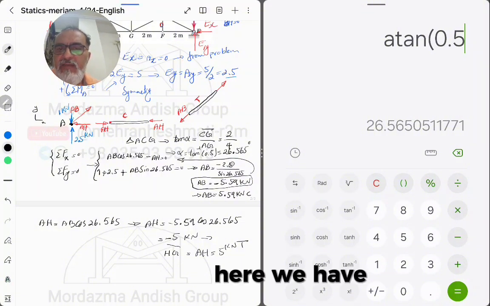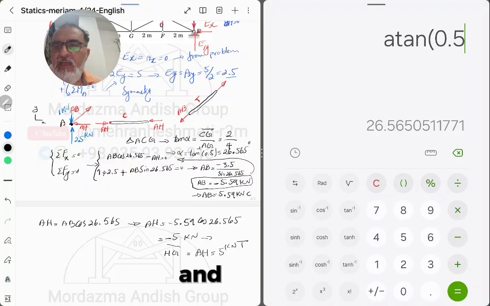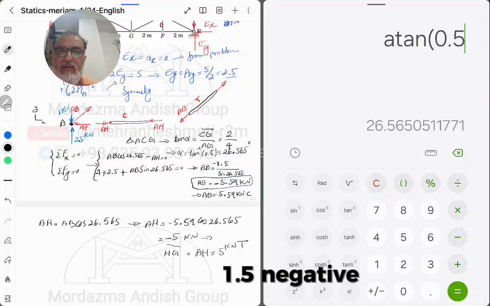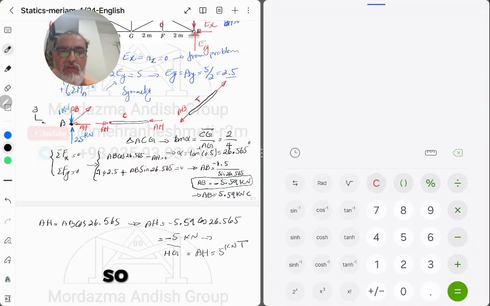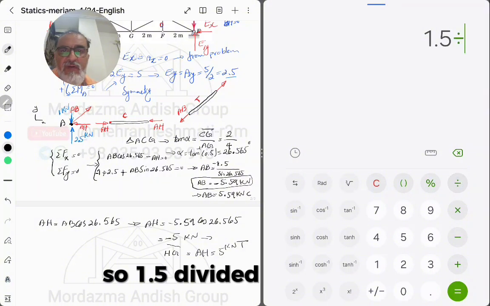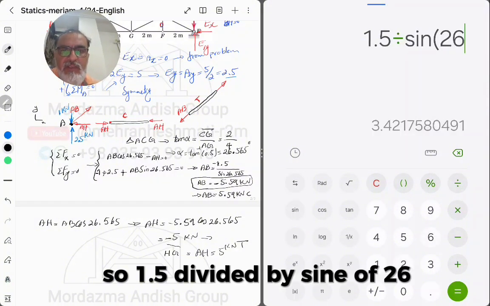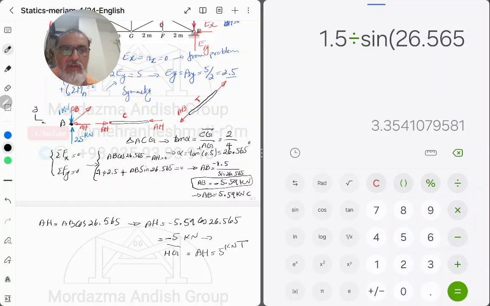Here we have 1.5, and this is negative, so 1.5 divided by sine of 26 point.